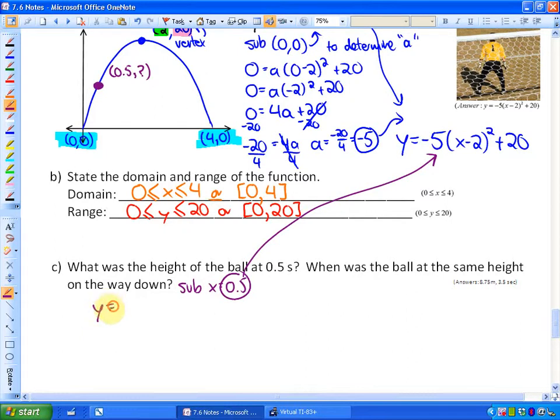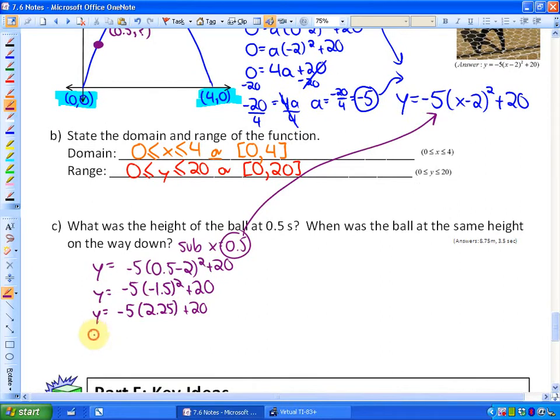So it would be y is equal to negative 5 times (0.5 - 2) squared plus 20. 0.5 minus 2 is negative 1.5. Negative 1.5 squared is 2.25.